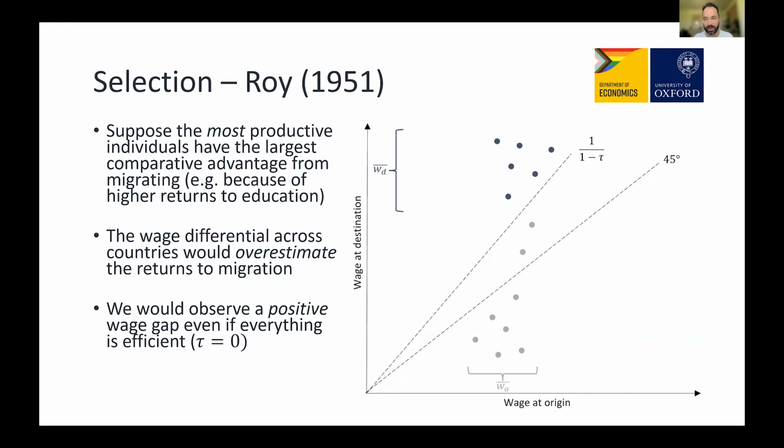This is the same when you compare firms that have a lot of migrants to firms that don't. You can't just compare them because you don't know what the counterfactual would have been. And this is driven by migrants selecting into particular labor markets, firms, destinations, and so on.